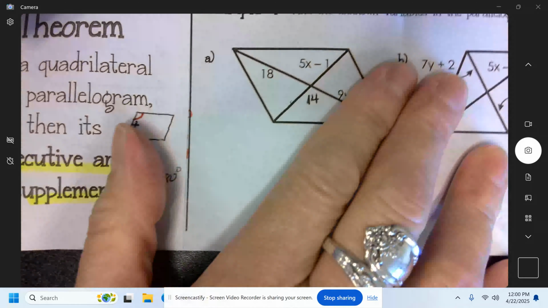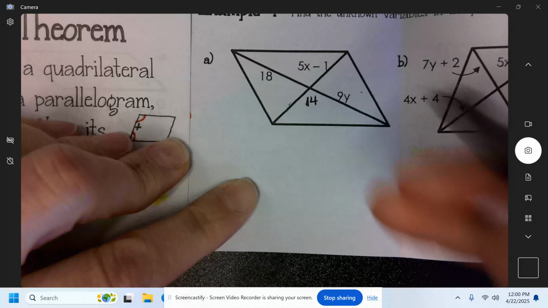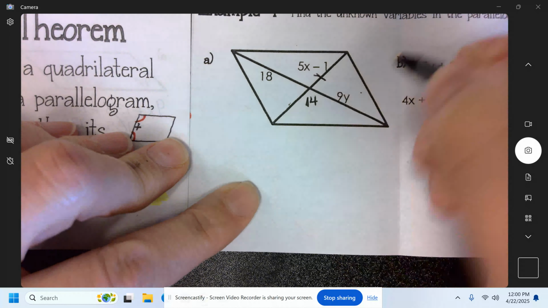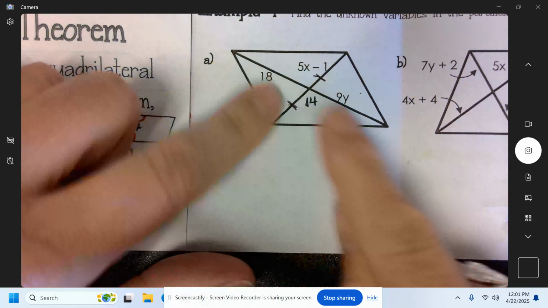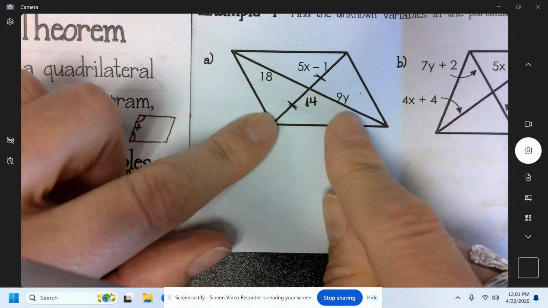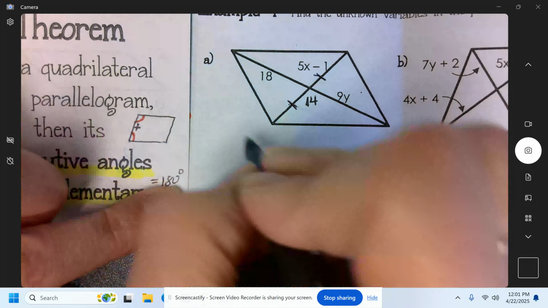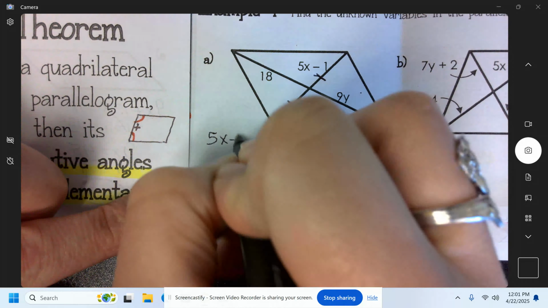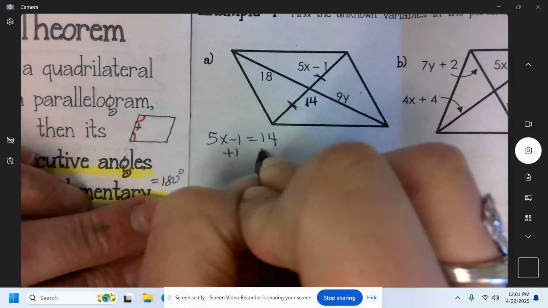So let's look at an example. Okay, so what we're saying here for this first example is that 5x minus 1 has to equal that 14. This is a diagonal bisector. They bisect each other. So that means it creates two congruent segments on each side. So I know that 5x minus 1 has to equal 14. To solve, we're going to add 1 to both sides.